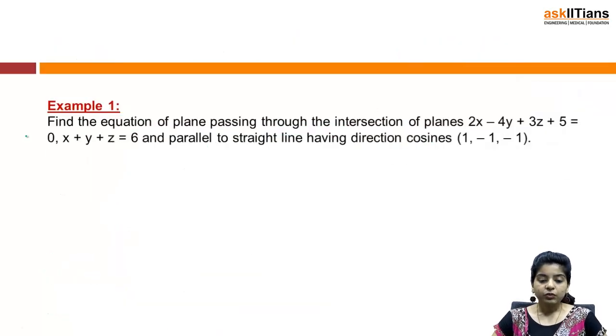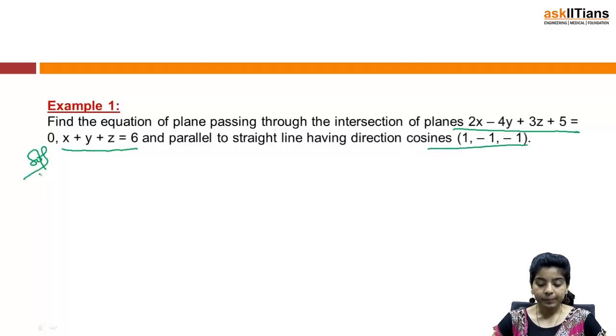Example says: find the equation of the plane passing through the intersection of planes 2x minus 4y plus 3z plus 5 is 0, x plus y plus z is 6, and parallel to the straight line having DCs as given.